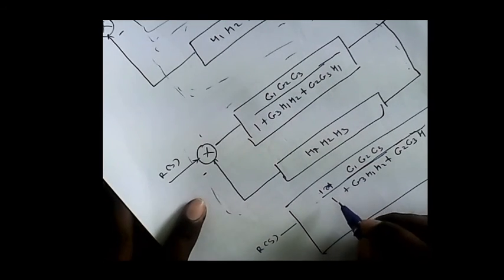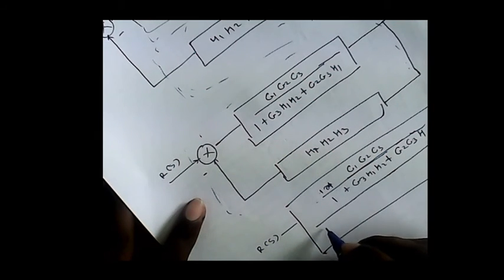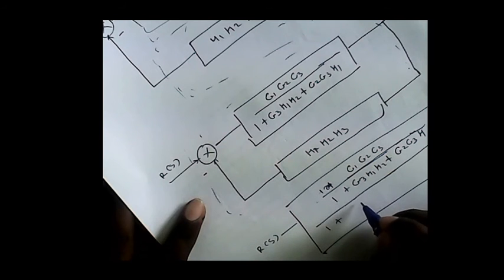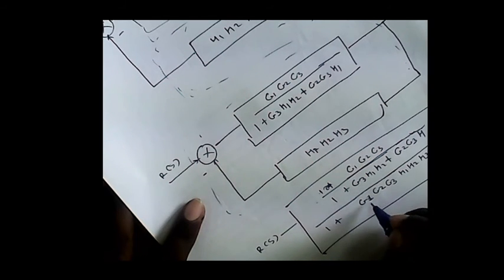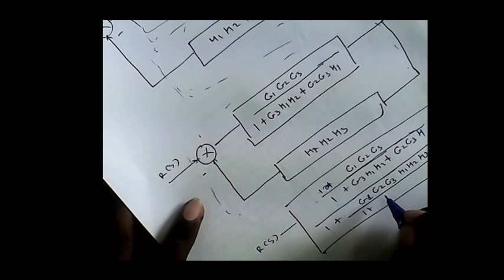Now here is a negative feedback, so we get 1 plus G1 G2 G3 H1 H2 H3 divided by 1 plus G3 H1 H2 plus G2 G3 into H1.